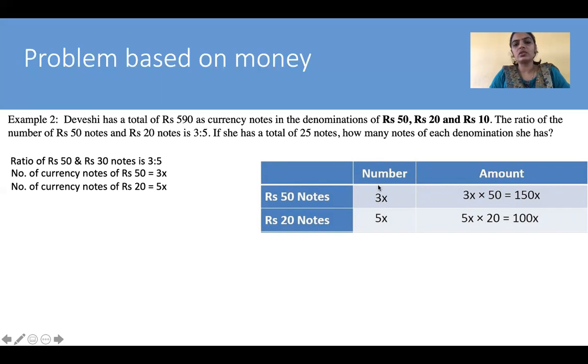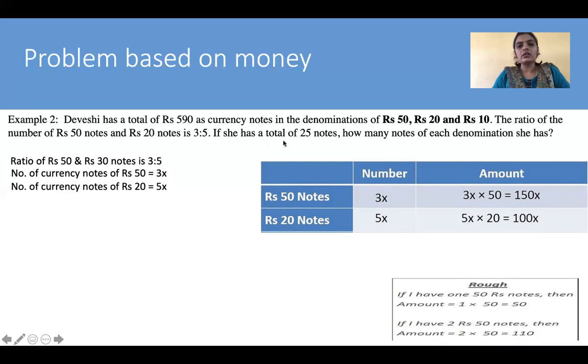If you have 3x 50 rupee notes, the amount is 50 into 3x, that is 150x. As the number of 20 rupee notes is 5x, the amount from 20 rupee notes is 5x into 20, that is equal to 100x.